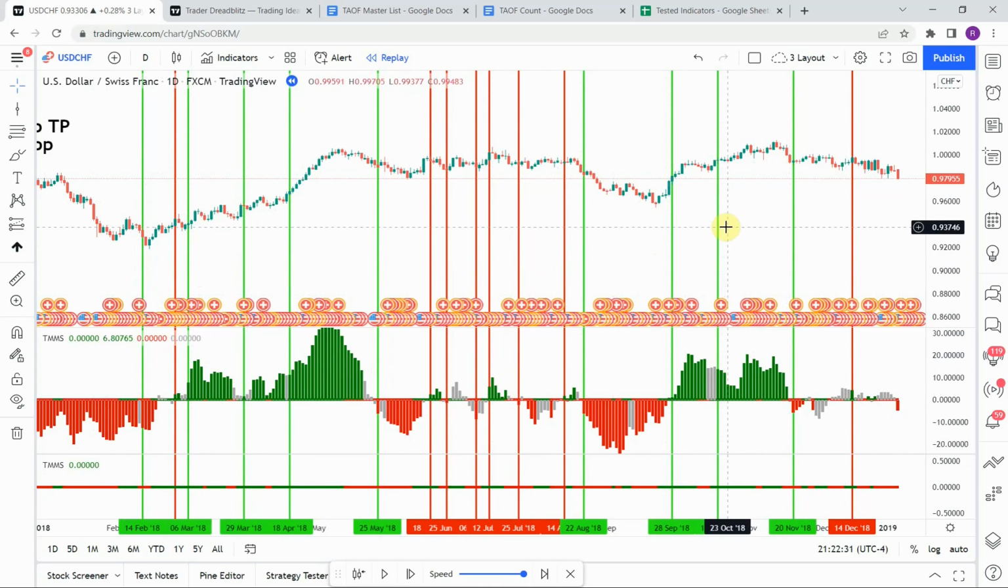So we have 17 trades altogether, and we have 1, 2, 3, 4, 5, 6, 7, 8, and 9. 9 winning trades. And so that's not going to quite meet that 60% criteria that we are looking for.